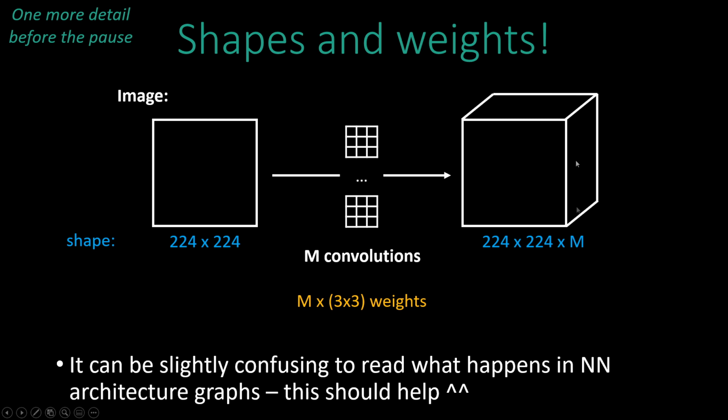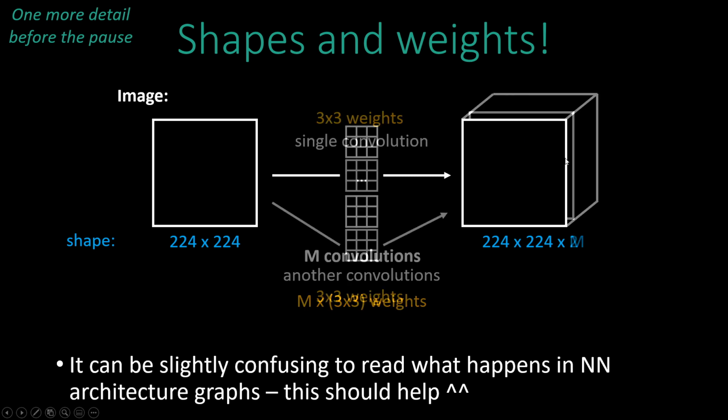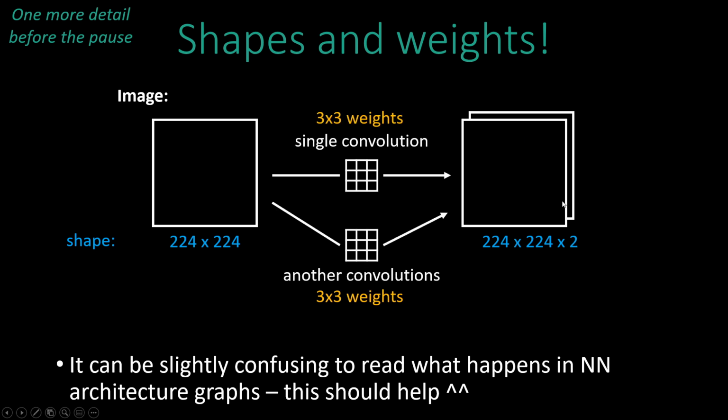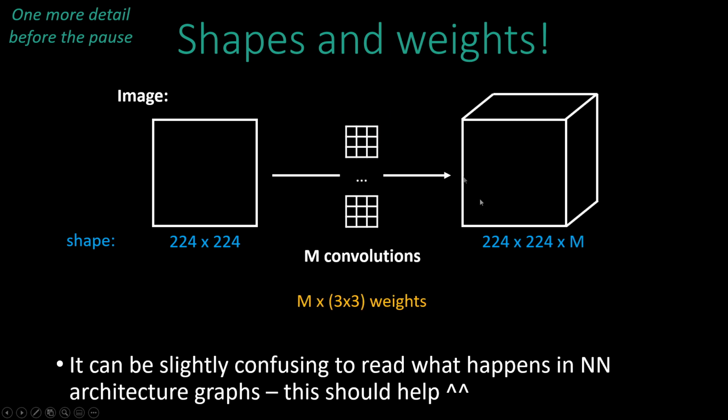So each one of these matrices inside this box, each layer in this box, is basically the result of one of the convolutions. So we have m convolutions, so we would have m layers, and each one is a different effect.